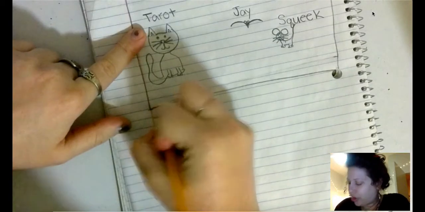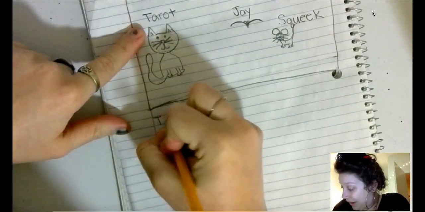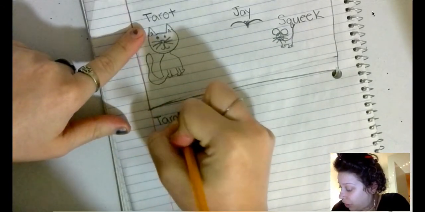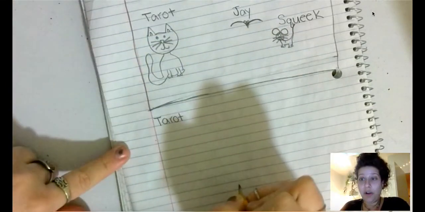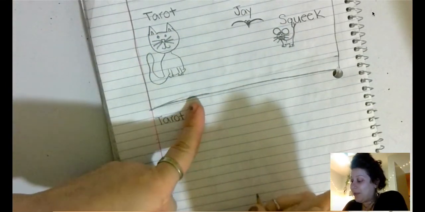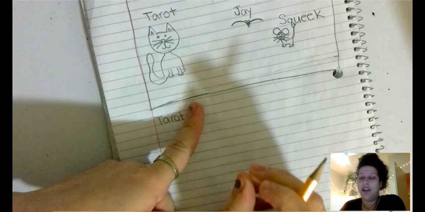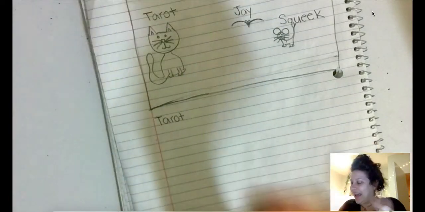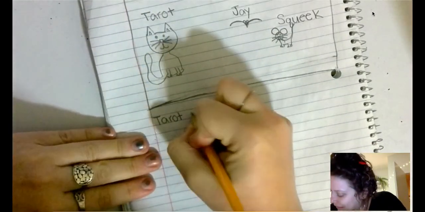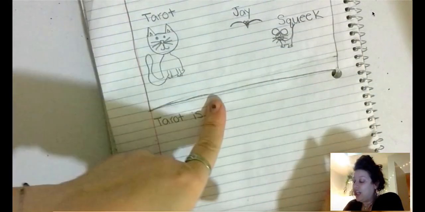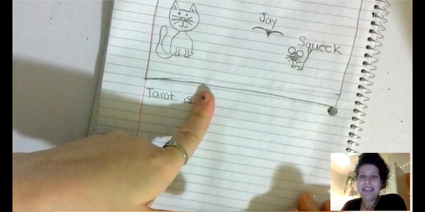Taro, I'm starting here. Oh, I don't even need to sound it out because I already wrote it. Taro is, I'm going to put a finger space. Is a sight word. I know it in a snap. Is, I-S. Taro is curious.